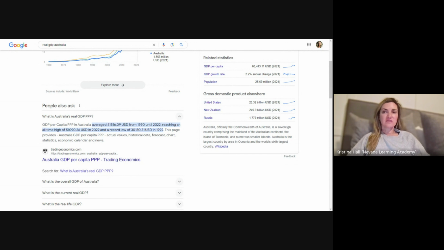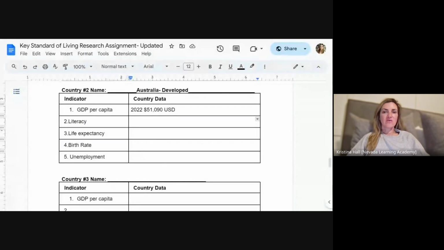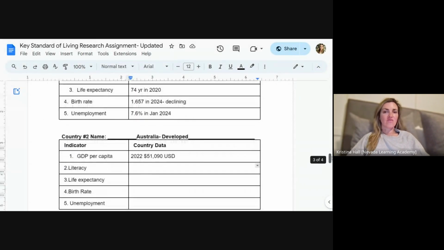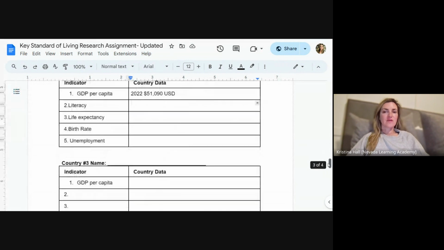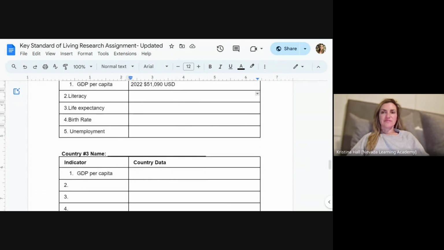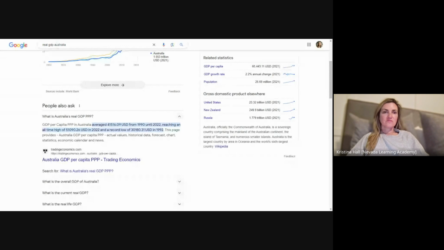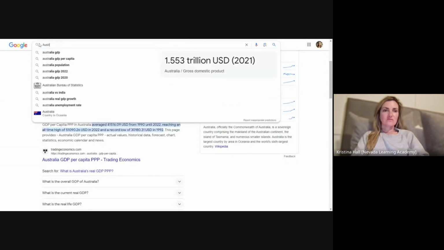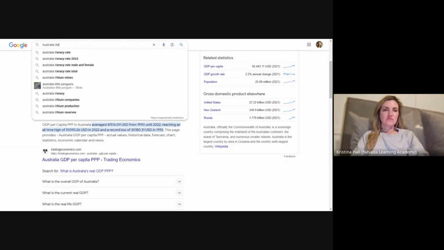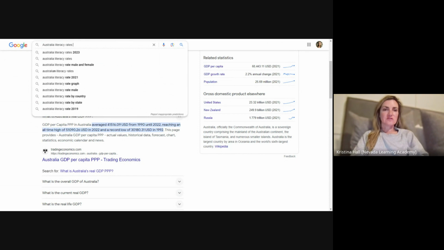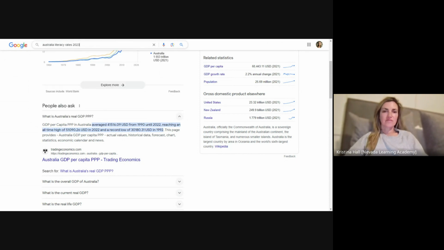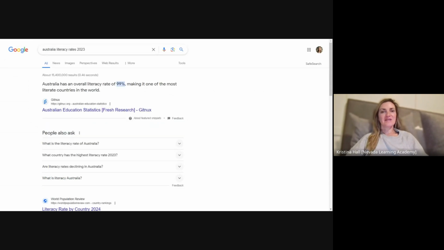Then I would look up literacy. So Australia. Comparing US dollar to US dollar is really, really helpful, okay? So like literacy rates, 2023. 99%.